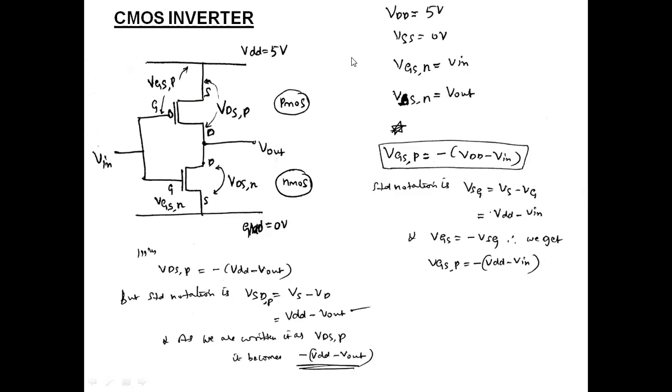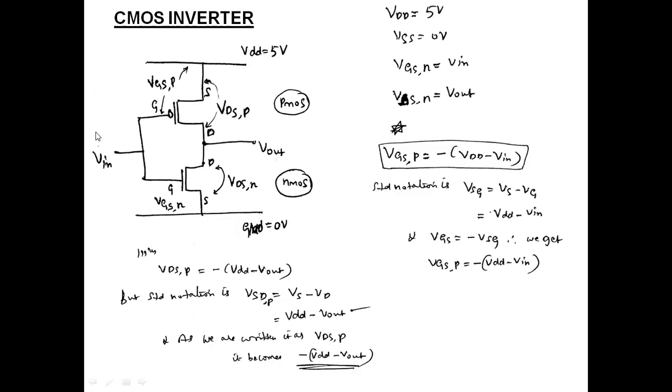Here the application of voltage, or the voltage difference between the different terminals, is much more important. The basic concept is that I'll be applying the input voltage from 0 to 5 volts, so 0 and 1 volt and 1.5 volts and 2.5 volts up to 5 volts.